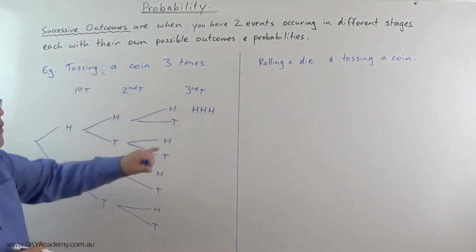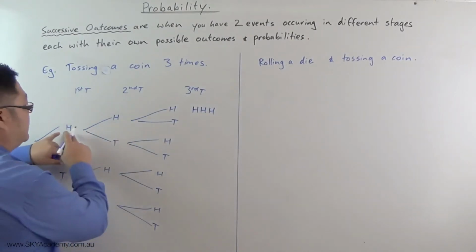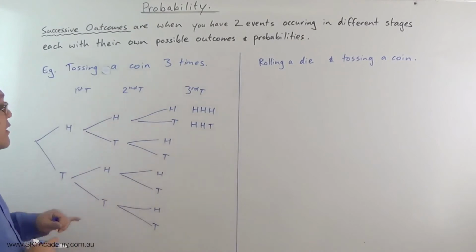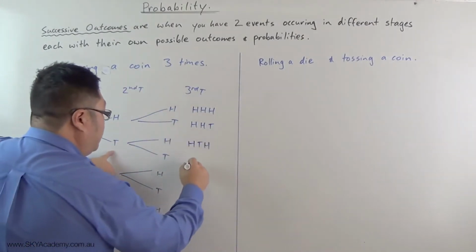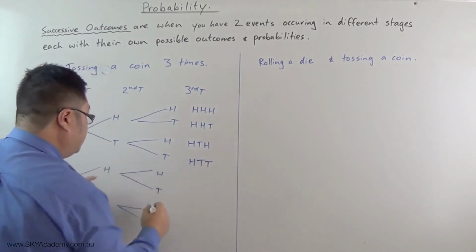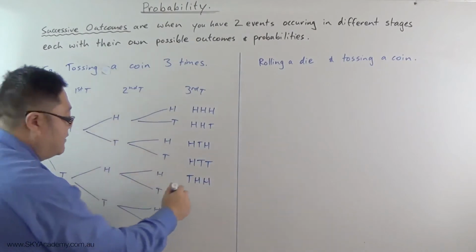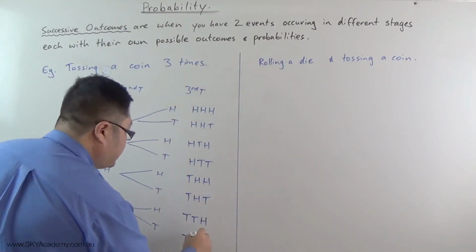Your second outcome is going to be head, head, tail. Your third outcome will be head, tail, head, followed by head, tail, tail, tail, head, head, tail, head, tail, tail, tail, head, tail, tail, tail.